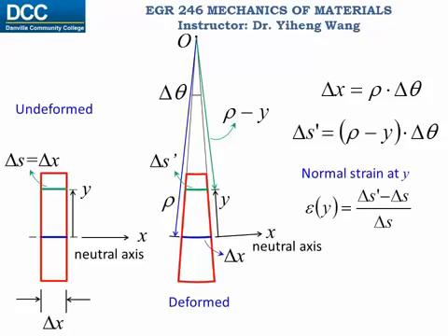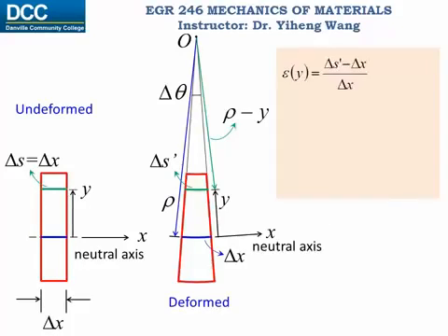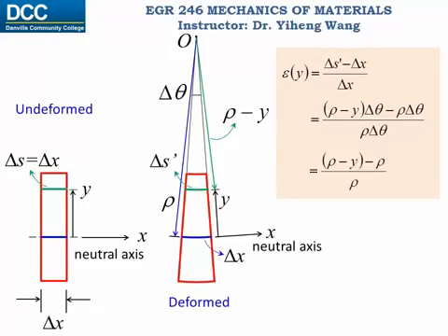And since we know that delta s equals delta x, therefore the normal strain at y equals delta s prime minus delta x divided by delta x. If we substitute in delta s prime and delta x as lengths of arcs that we derived earlier, and cancel out delta theta, we get the normal strain epsilon at arbitrary location y equals negative y over rho.